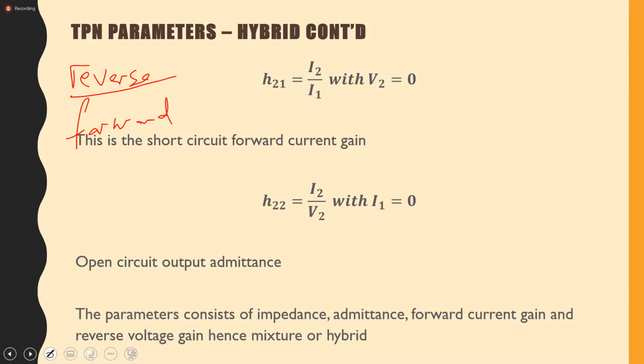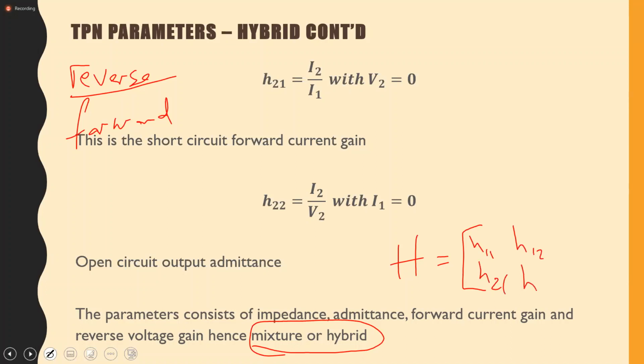And as I said, the hybrid means mixture. So it's a mix of parameters. And so these are our H parameters: H11, H12, H21, and H22. So those are our hybrid parameters.